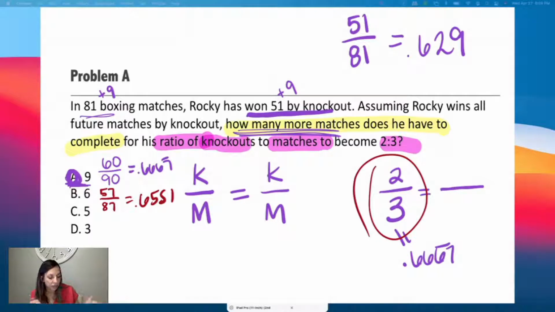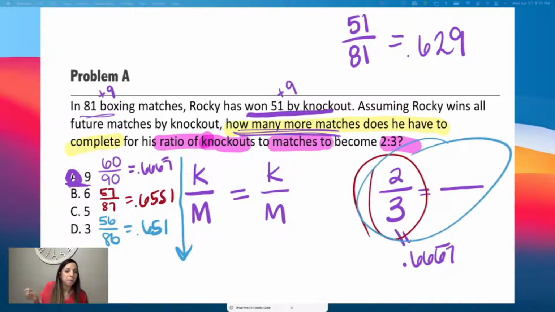If I do the same thing, 51 plus 5 is 56 over 86. 56 divided by 86 is 0.651, still not the correct ratio. You're noticing that we're decreasing, so when I do 3, it's going to be even lower. In this specific problem, my answer choices were actually more helpful than doing my ratio over here.